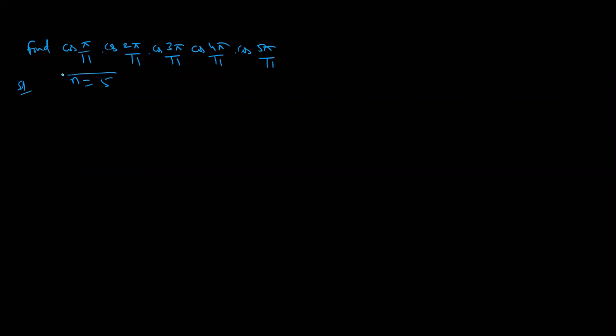So, what is the formula? 1 by 2 power n, 1 by 2 power 5. So, the answer is 1 by 32. Correct. See the formulas.